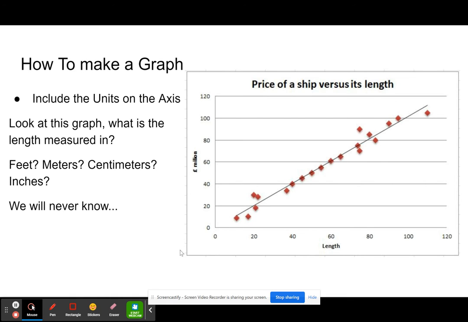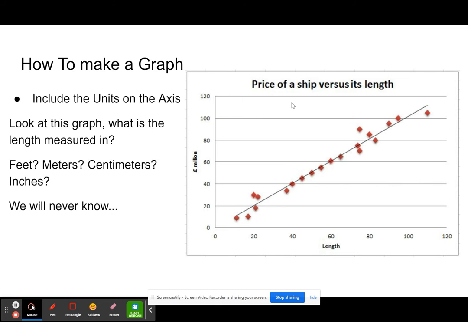Make sure you include units. Units help tell us how much of a thing we are looking at. If we look at this graph, we have length here, but what is this length? Is it feet?